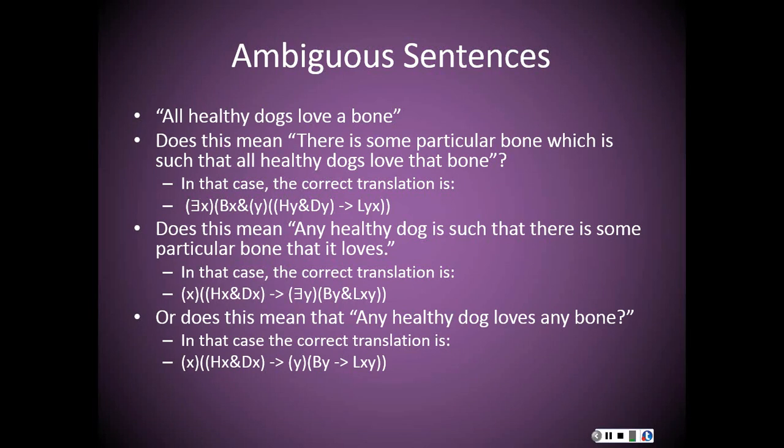So study these, note the differences between them. In this case, I don't think the first interpretation offered of this sentence is a very natural one, but I do think that the second two interpretations are natural interpretations of this sentence, and that the original English sentence is ambiguous between them.